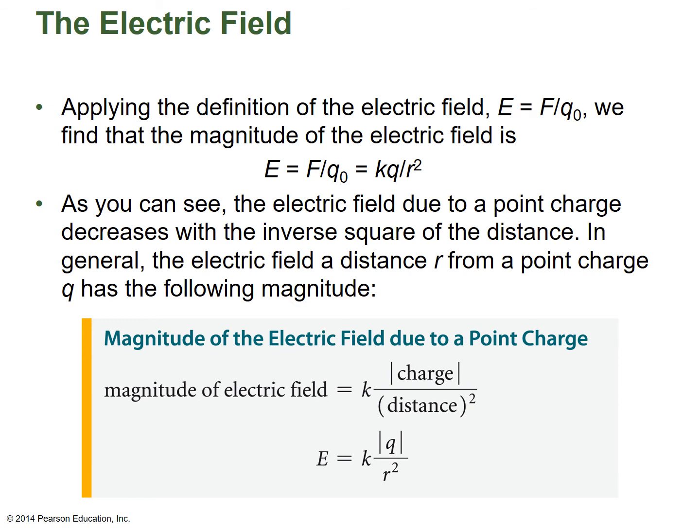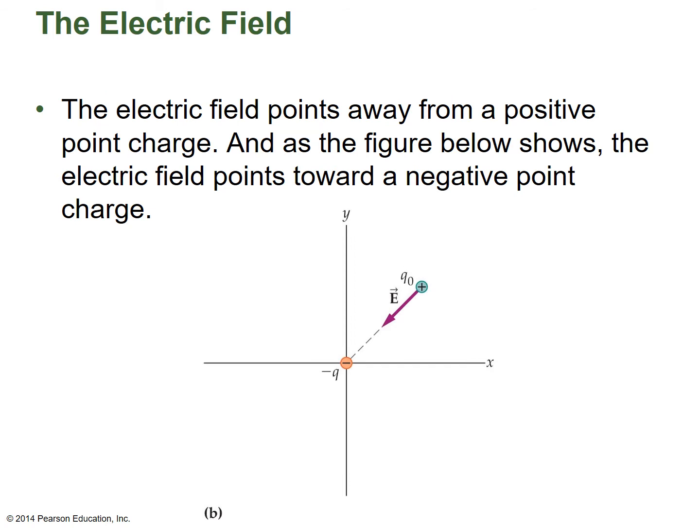This is the magnitude of the electric field due to a point charge. So if you want to find the magnitude of an electric field due to a point charge, you just multiply k by the charge itself and then divide by the square of the distance between the charge and the point at which you calculate the electric field.